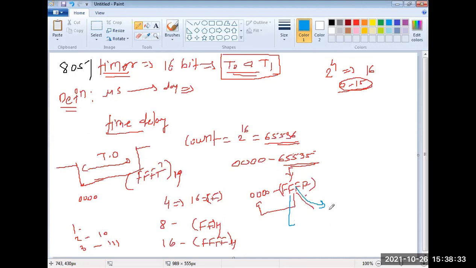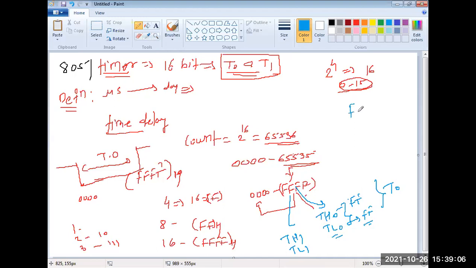There are 8-bit registers TH0, TL0, TH1 and TL1. Each is 8-bit, total 16-bit for uploading this count value. So FF will be loaded in TH0 and the next lower byte FF in TL0. This TH and TL are for timer 0 operation. So timer 0 will load this maximum count value and start decrementing.